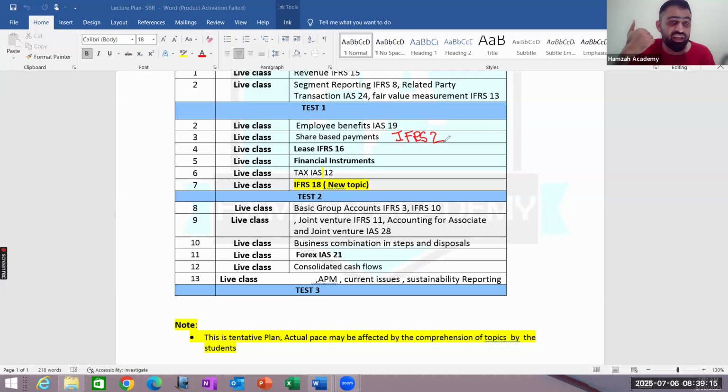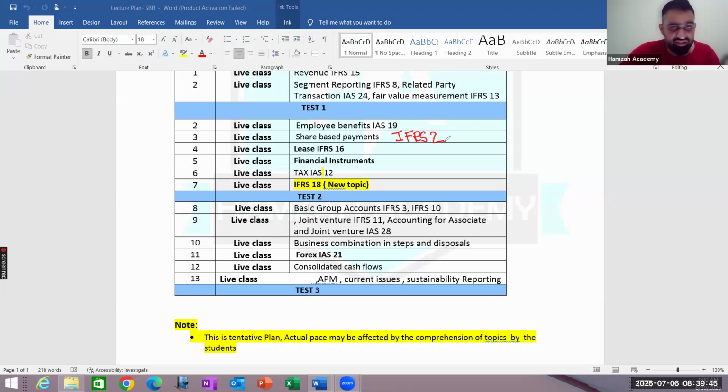Similarly, sometimes they give consideration to employees as well in the form of share-based payment, like executive share option schemes given to the directors of the company. That is also a share-based payment for the services of the directors. Now, how to account for those transactions, we will learn in IFRS 2.